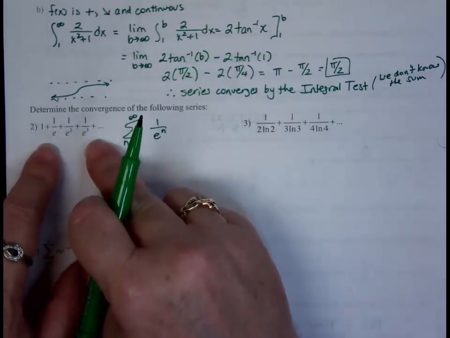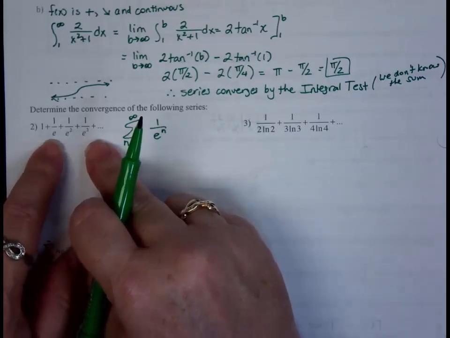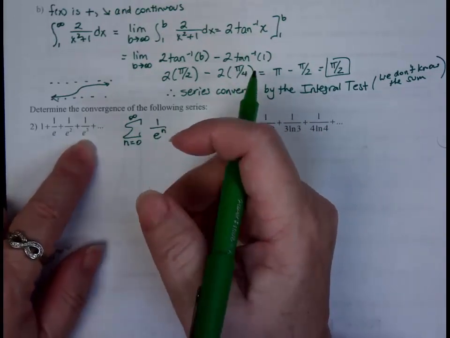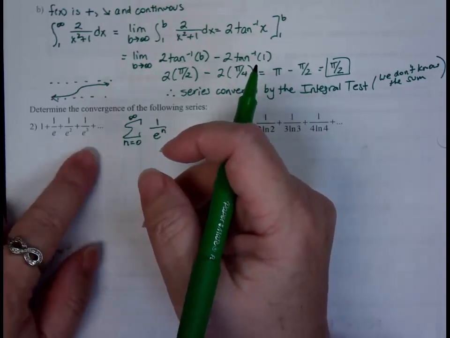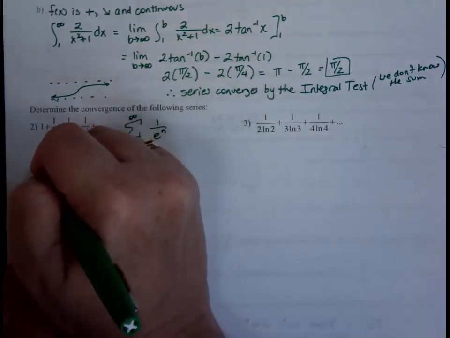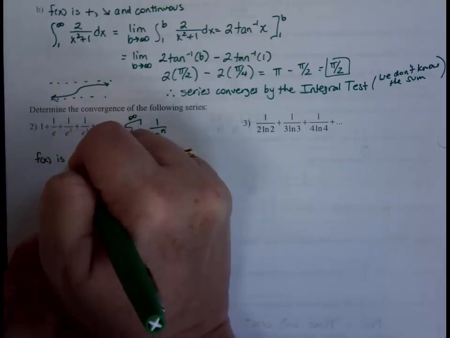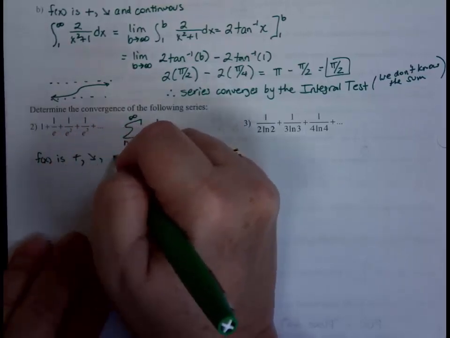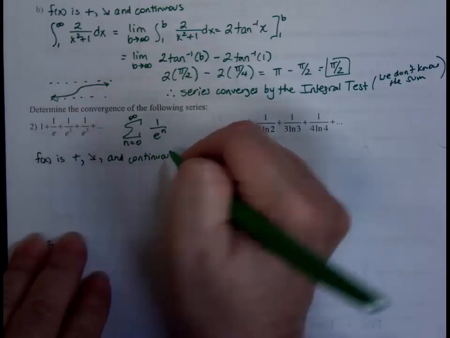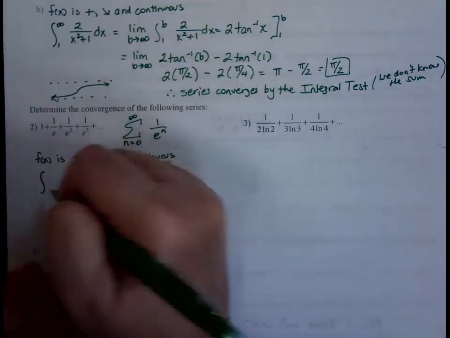Are they getting smaller? Think of e as 3. 1/3, 1/9, 1/27. Are they getting smaller? Yes. And it's continuous, therefore I can use the integral test. So f of x is positive, decreasing, and continuous. You have to write that every time. Now I can change it to an integral.